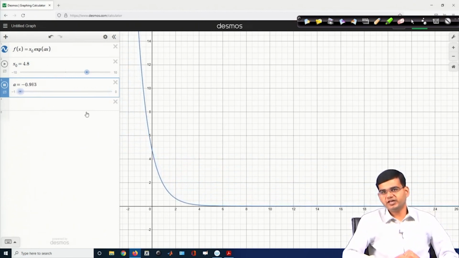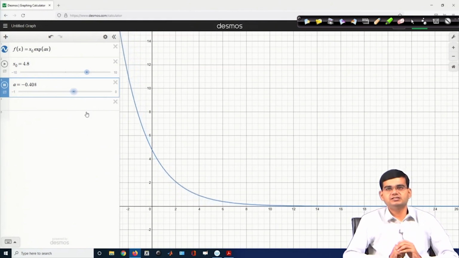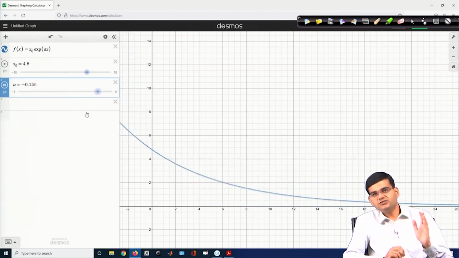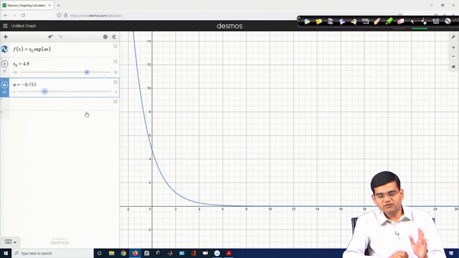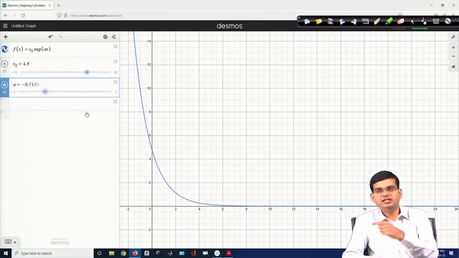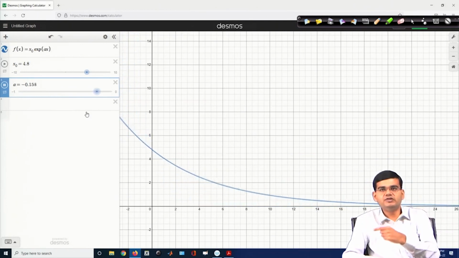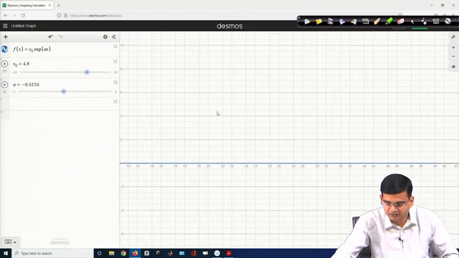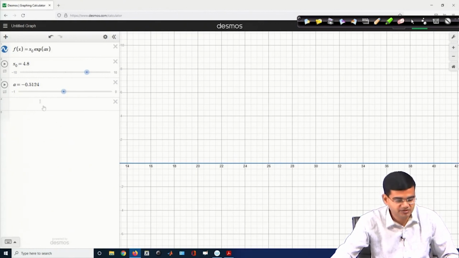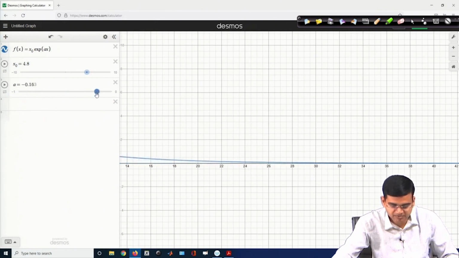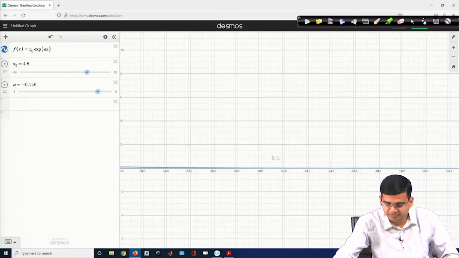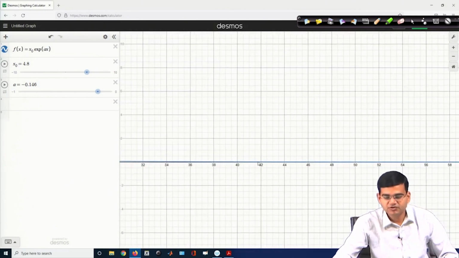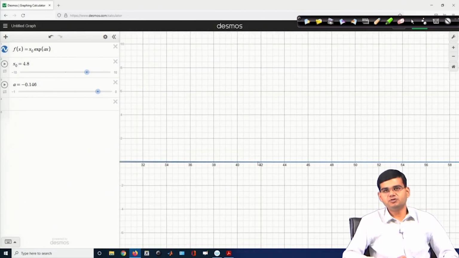Okay. And if I confine the values to only negative and animate it, what you will see is that irrespective of the value of a, these are two important things. When a is negative, irrespective of the magnitude of a, as time t tends to infinity, the value of your dynamical variable always goes to 0. I can reduce the value of a, and you will see that whatever the value of a may be, as time t tends to infinity, the dynamical variable goes to 0.